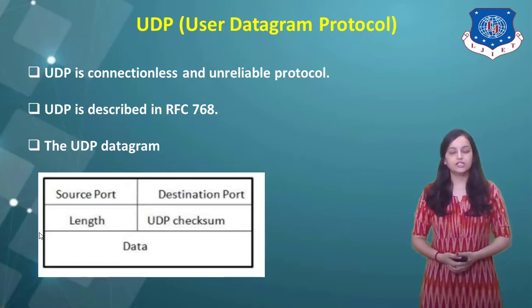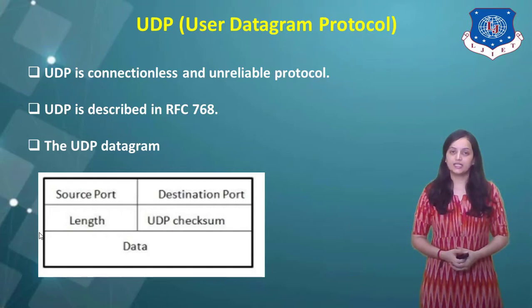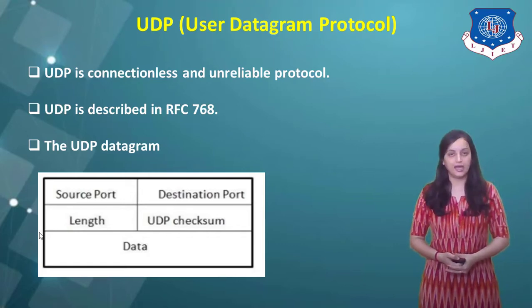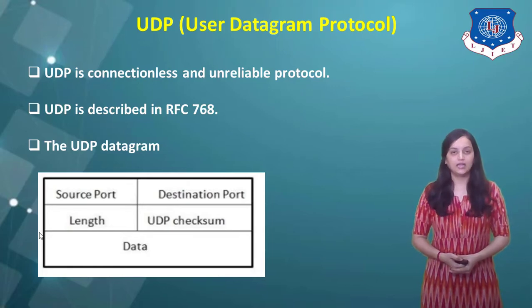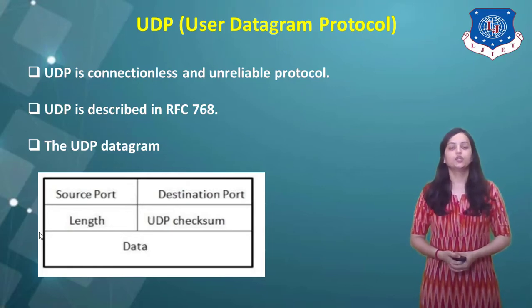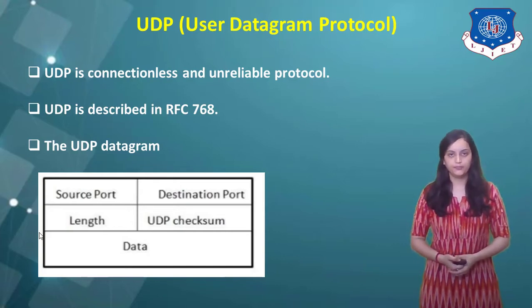Similarly, the length field is of 16 bits. This indicates the data length. Then the checksum is used for error detection. So the UDP checksum is of 16 bits, which is used to identify the error at the receiver side. After that, there is the data of 32 bits. So this is the datagram structure of UDP, that is User Datagram Protocol.